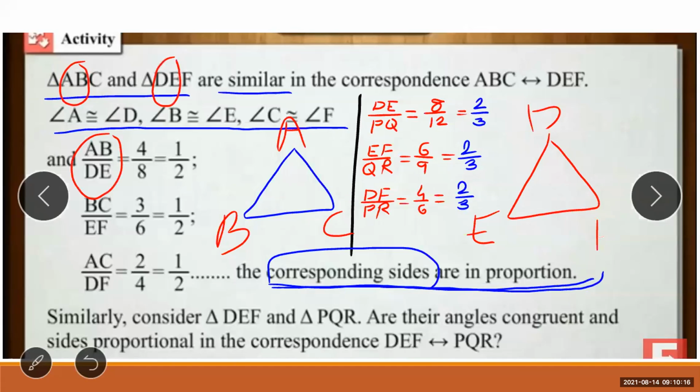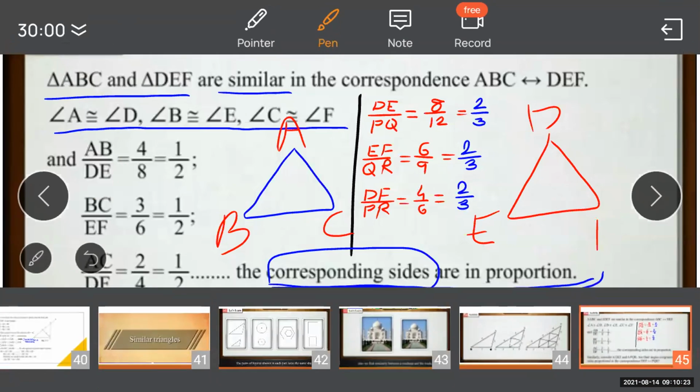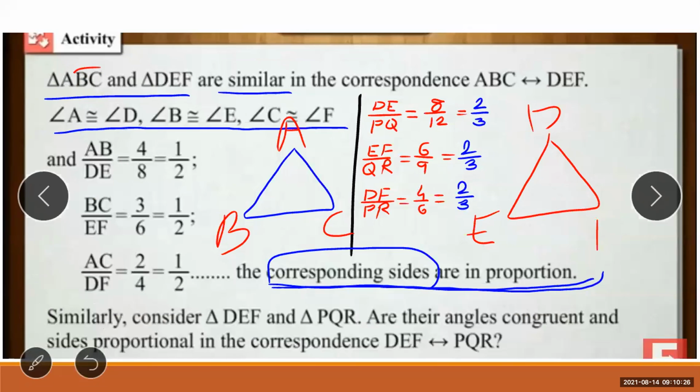Now another one, how will it be written? The second and third, BC, divided by the second and third, EF. So BC by EF. And the last ratio, how will you write it? The first vertex with the last vertex means segment AC, divided by the first vertex with the last vertex, that is segment DF. So AC by DF. Okay, that is the way to write the ratio.